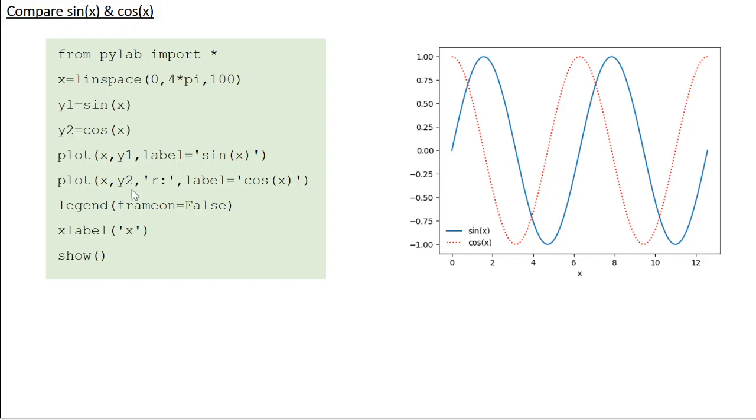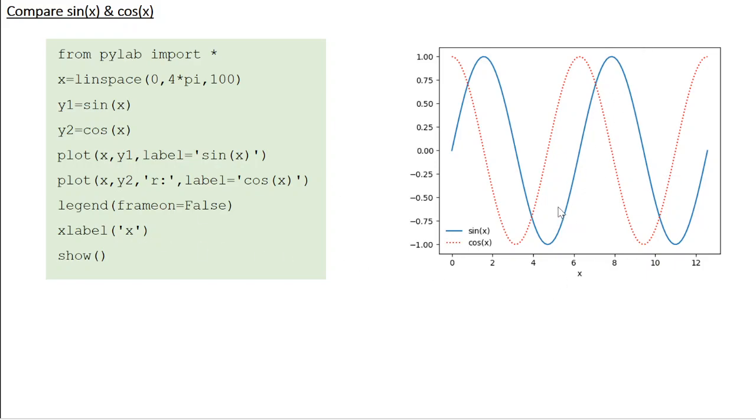Second plot x comma y2, and I want to apply a different styling, so r colon. So I have red dotted line, the label is cos x. I don't want any frame around my legend, so I give legend frame on equal to false. Okay. Then x-axis is common, so I give the x label as x.